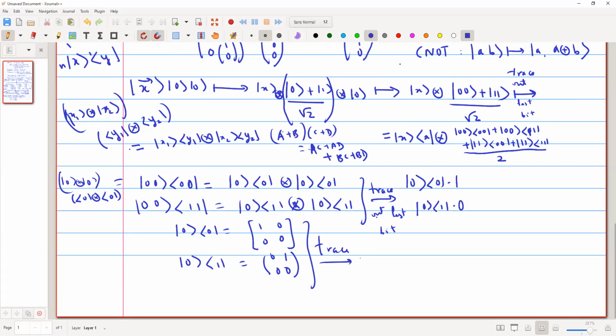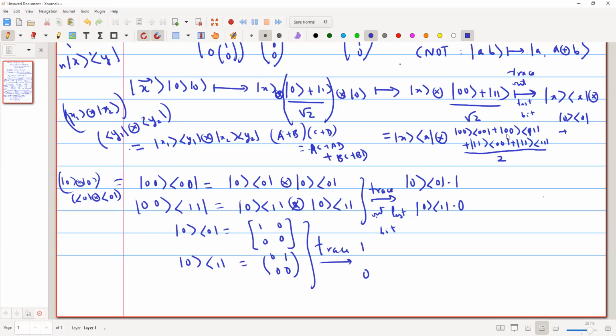Trace with 1 and 0. So now you can easily see that you can evaluate this. So x remains the same. And now what do you have out here? Ket 00 bra 00, on tracing out, will just give me ket 0 bra 0. Now let's do 2 by 2. So this one will give me ket 0 bra 0.